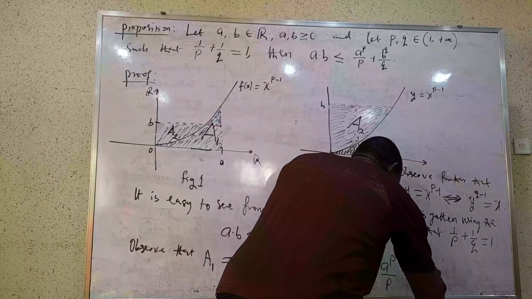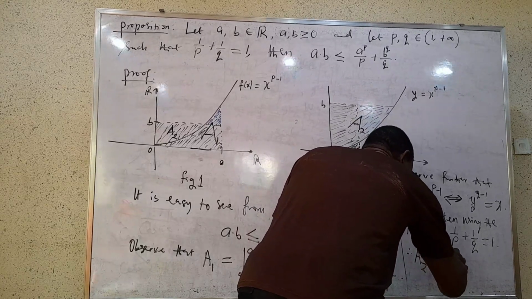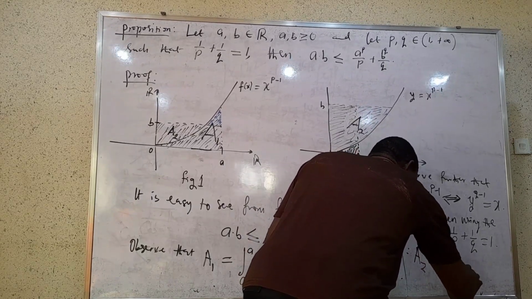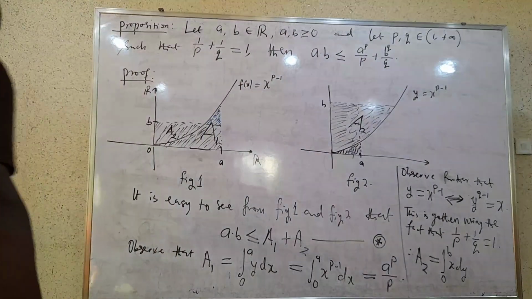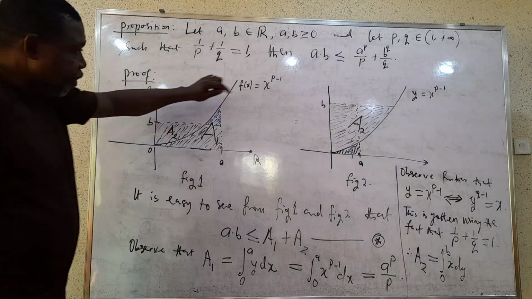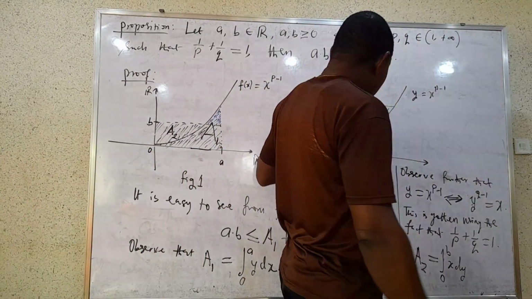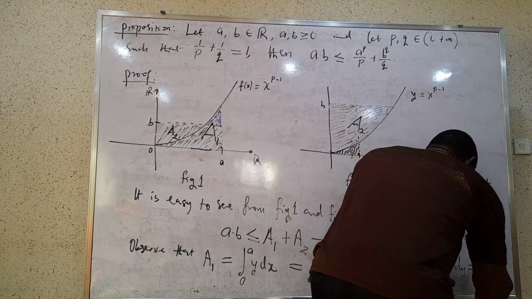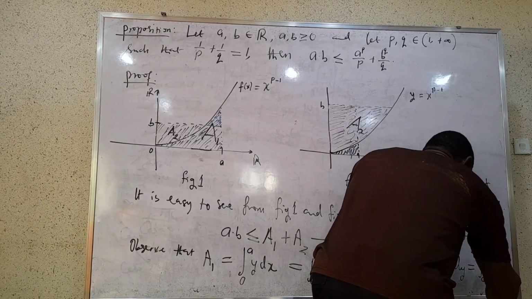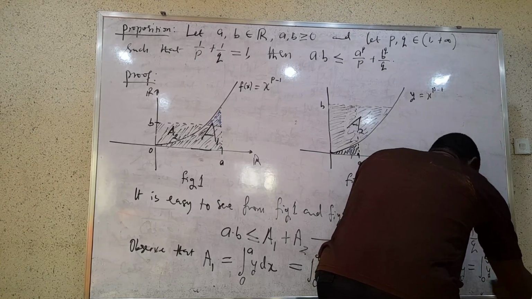Therefore, A2 is equal to the integral from 0 to b of x dy. A2, the area above the curve, is the integral from 0 to b of what? x dy. And this is equal to the integral from 0 to b of y raised to power q minus 1 dy.